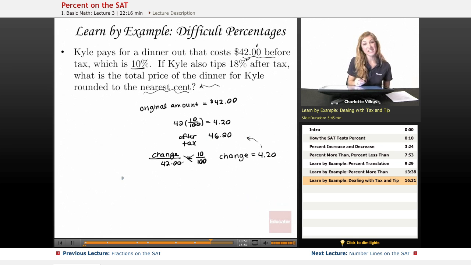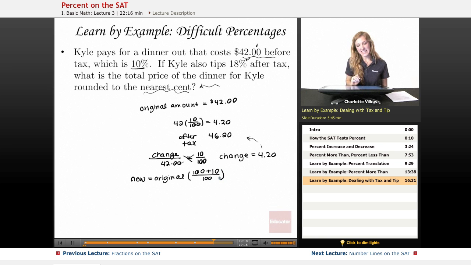The other option is that we can look at it as a percent more than type problem. And if we are looking for the new amount, so the amount after tax, then we can have it equal the original amount times 100 plus 10, because that's the percent that we're increasing our amount by, over 100.